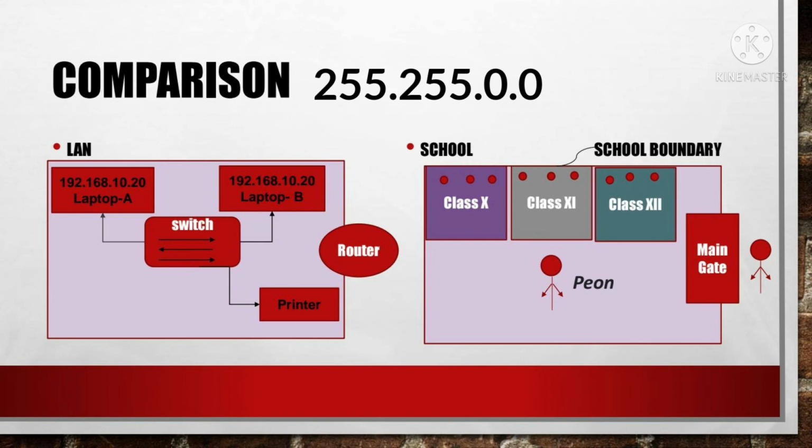If the 192.168 IP address matches, then the last two zeros denote the free range. There can be any number sitting in the last two places because these two are zeros, so it can be anything. For example, 192.168.25.30.